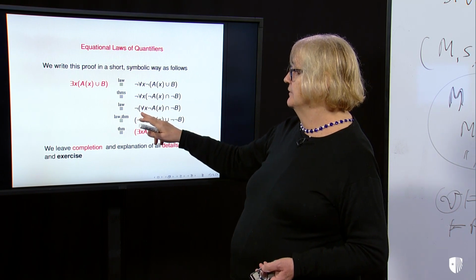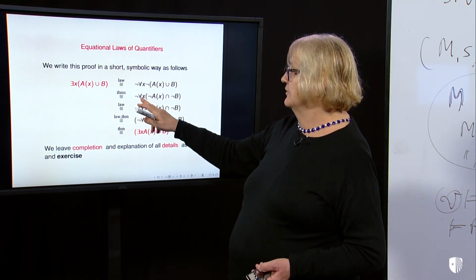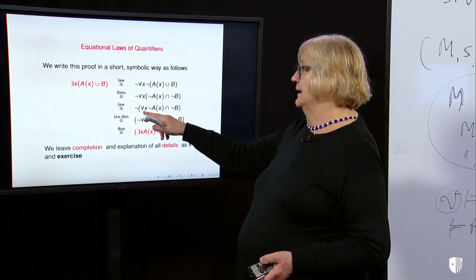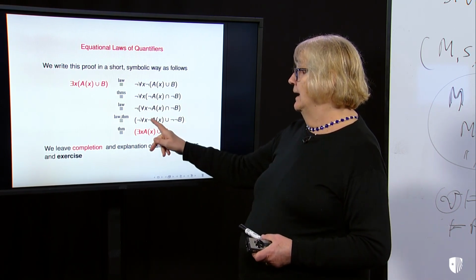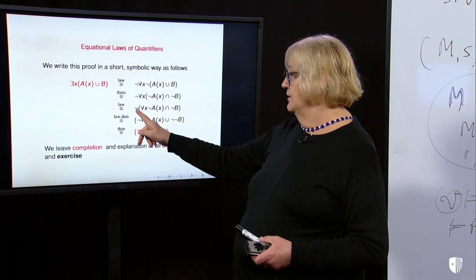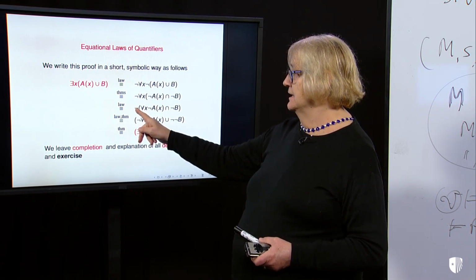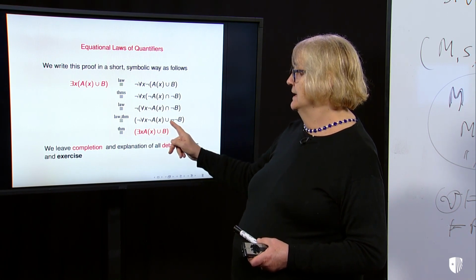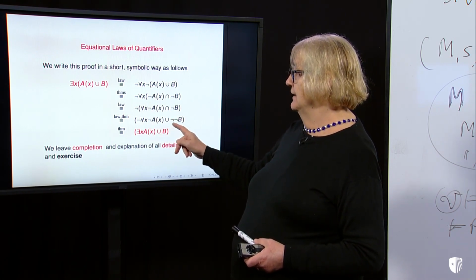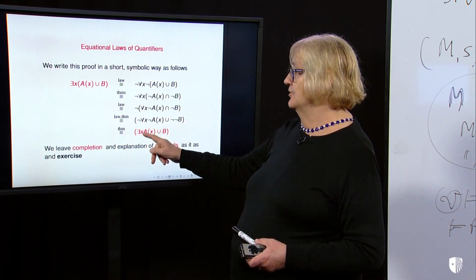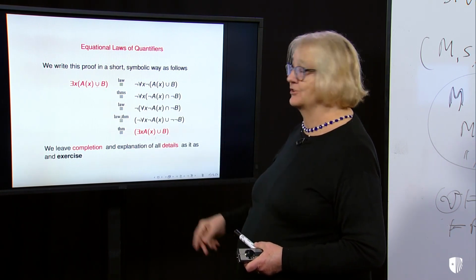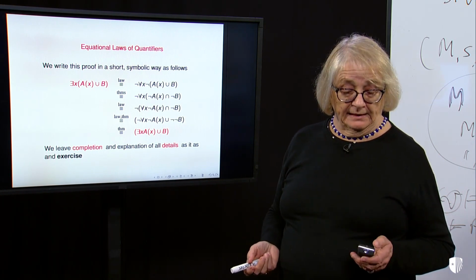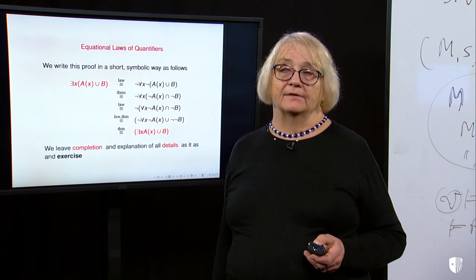I know that I can distribute this over here. So I get this, and now I do again the negation over that, which is De Morgan law. So I have this, and I have double negation, and then this is B, and that is the right side. So I proved that. What I'm saying is that they are not independent. You can get some of them from the others, and so on.